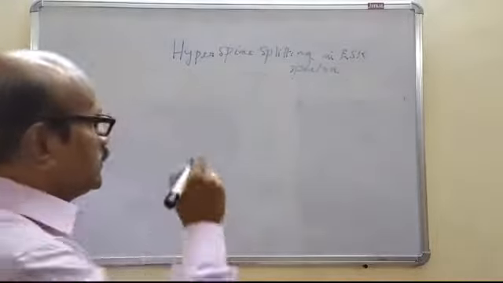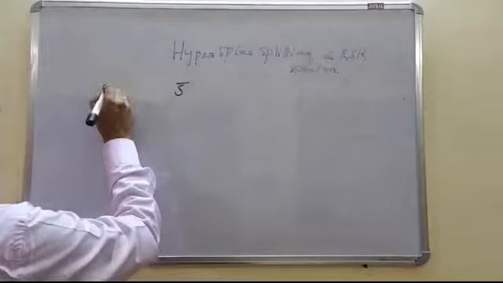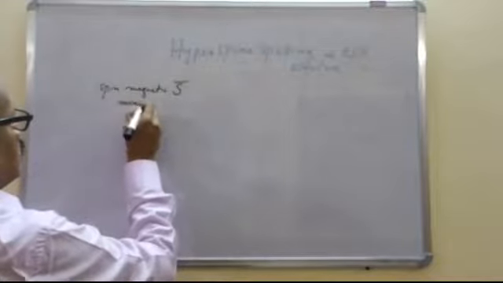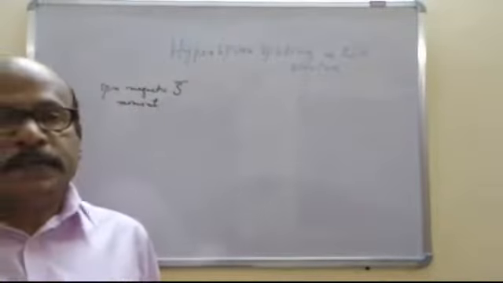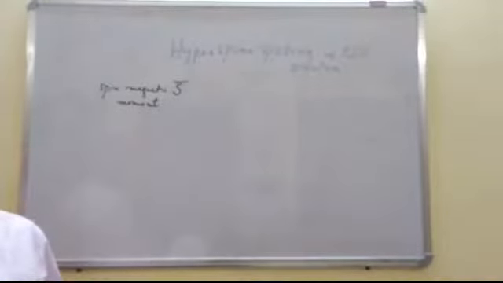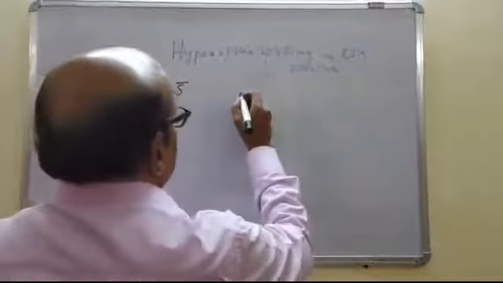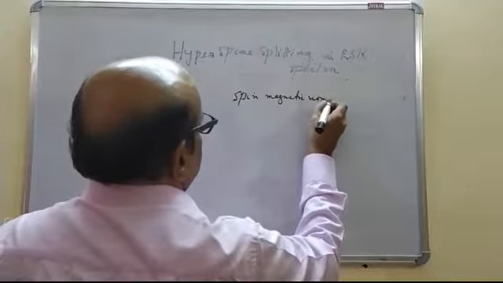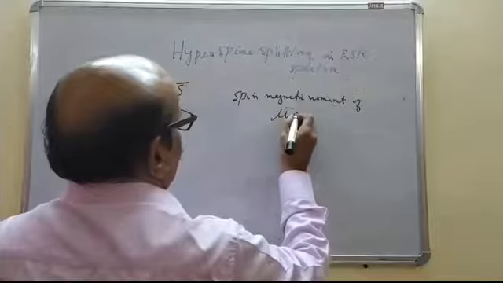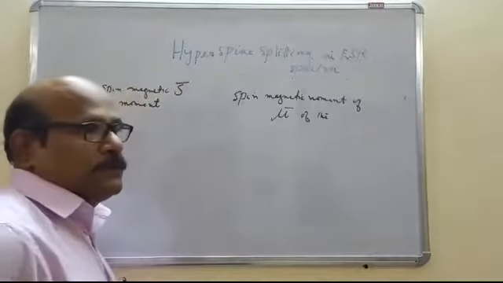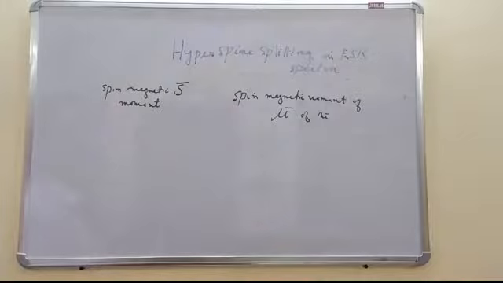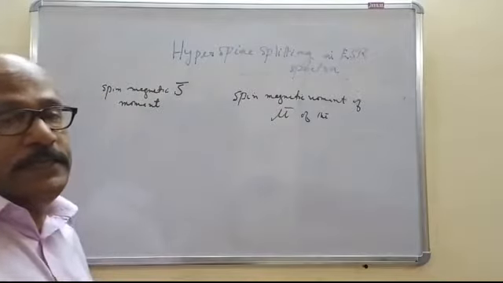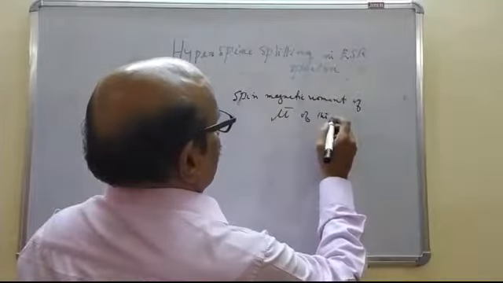The spin magnetic moment S of the unpaired electron can interact with the spin magnetic moment mu of the neighboring nuclei having I not equal to 0, or I greater than 0. Okay, the spin magnetic moment I of the neighboring nuclei.